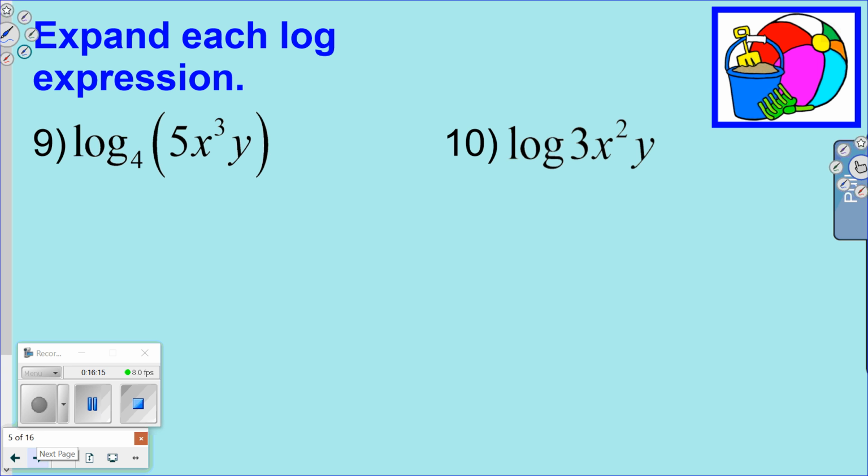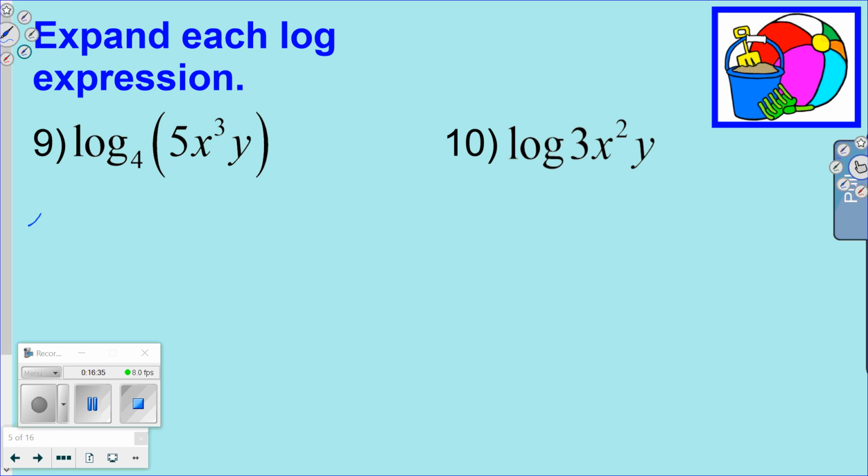Expand each log expression. So we're still working on expanding. So number 9, how many times will you write the word log? It's 3, because I have a 5, I have an x cubed, and I have a y. I have 3 separate pieces.